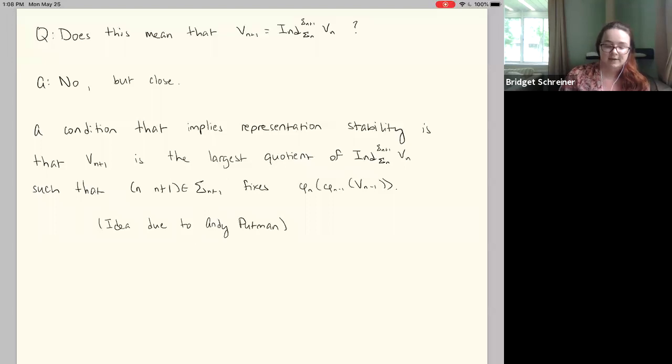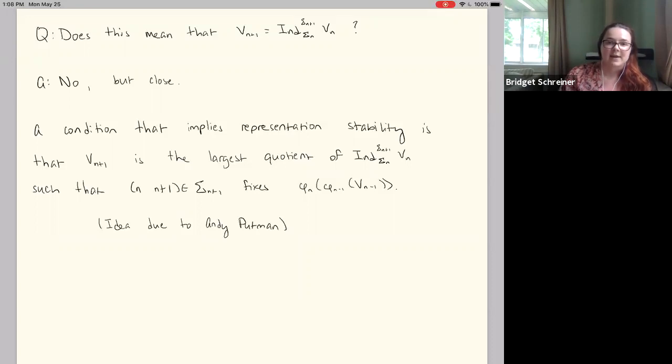So a condition that implies representation stability is that Vn plus 1 is the largest quotient of the induced representation, such that the transposition n plus 1 fixes the image of Vn minus 1. And we require that because of basically just the equivariance of the map.